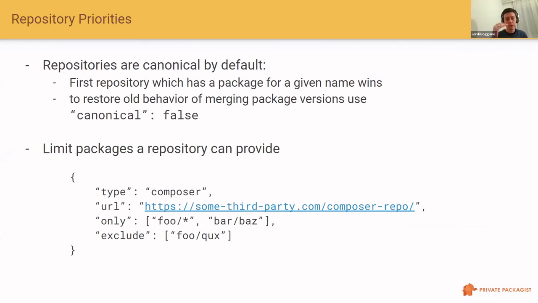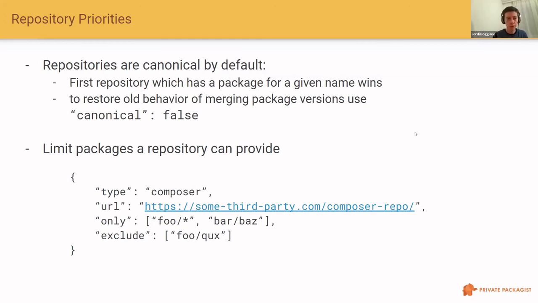So if you have multiple composer repositories listed, before it would just look through all of them and find all the packages, and in some cases you had some really nasty effects with that, in that it could not install the thing you expected just because a newer version was available in another repository, for example. So we changed that and made this canonical by default.